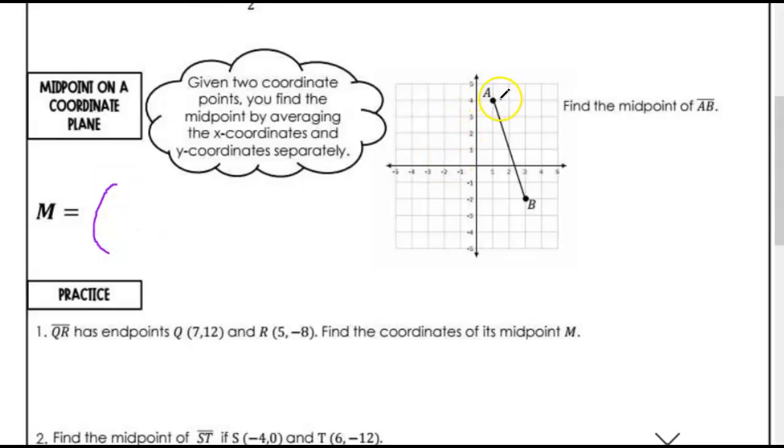Okay. Before I do that, point A. When you have point A, remember how we did distance? We have x1, y1. So we're doing the same thing, but this time we're taking the x's and we're not gonna subtract. What are we gonna do? Add. x1 plus x2. And if I want to find the middle of those two numbers, what do I divide by? 2.